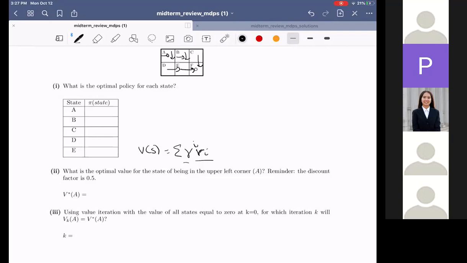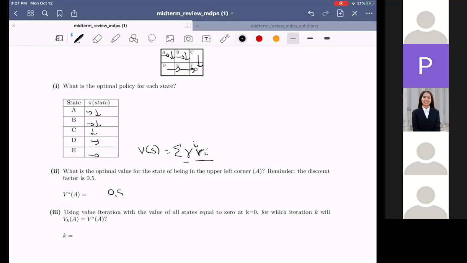0.5 plus 0.5 squared plus 0.5. Sorry, I lost you a bit. Do you mind repeating? Is there anything being multiplied by the 0.5s? Oh, the transition probability.